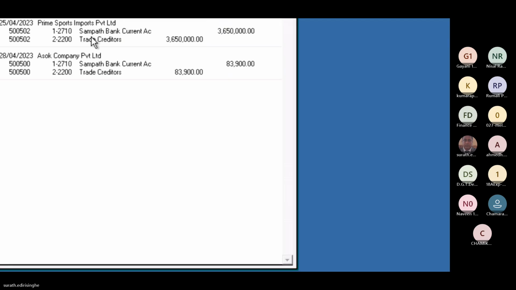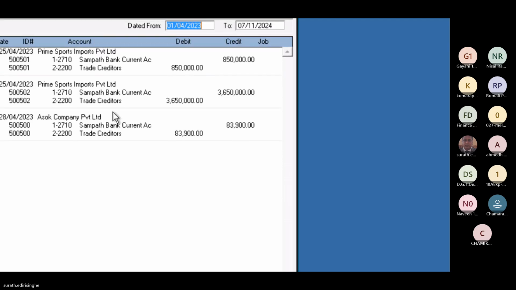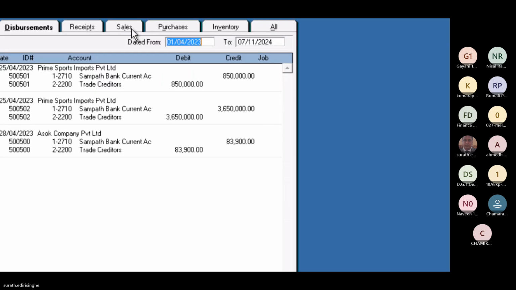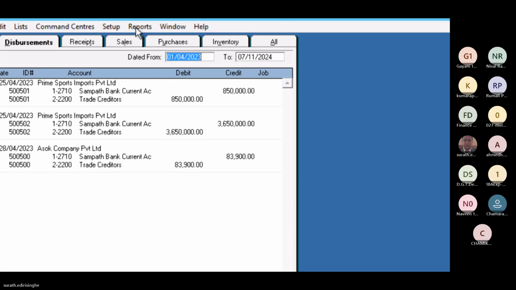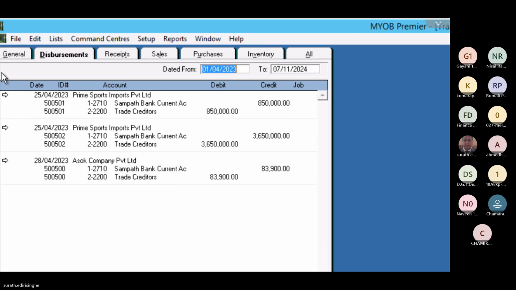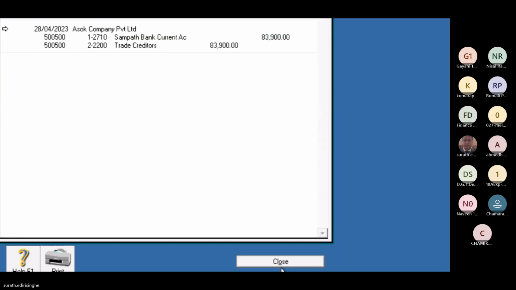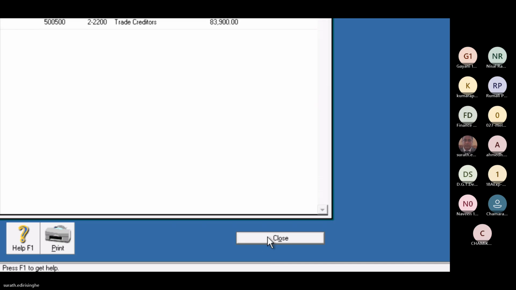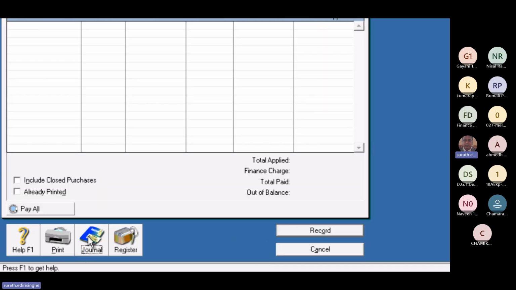Print later. Look at the journal entry. From the time for the total payment. Look at the journal entry.